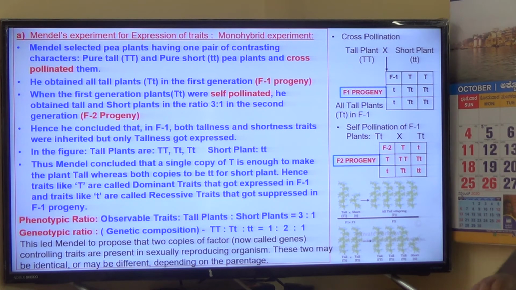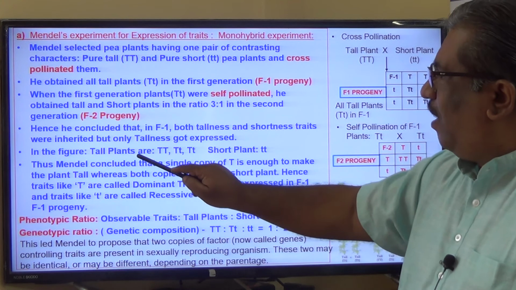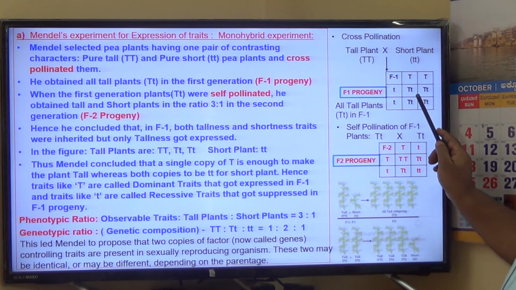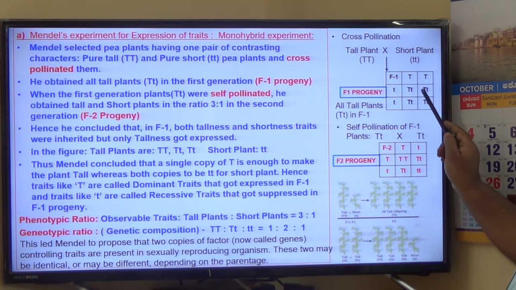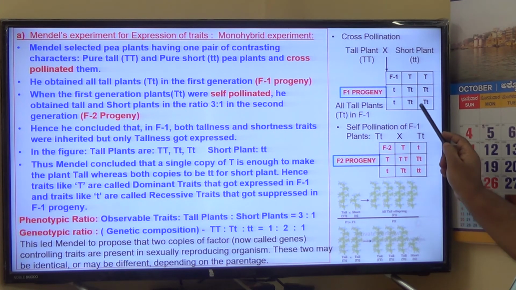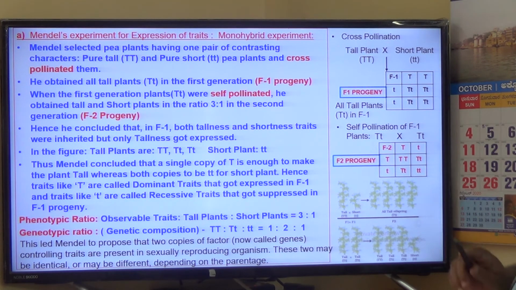Yes. Now, in the figure, tall plants are this and this. He observed that, sorry, this is the first one. All the plants are tall plants in this.